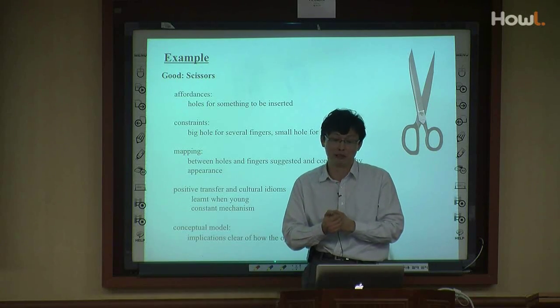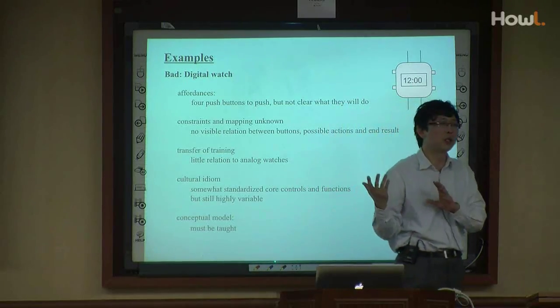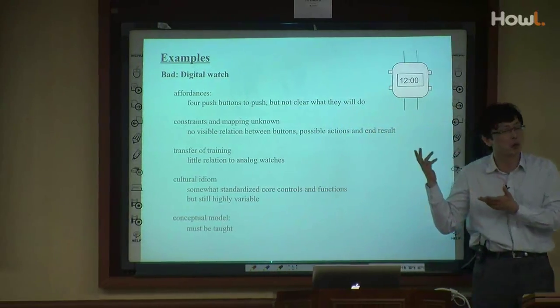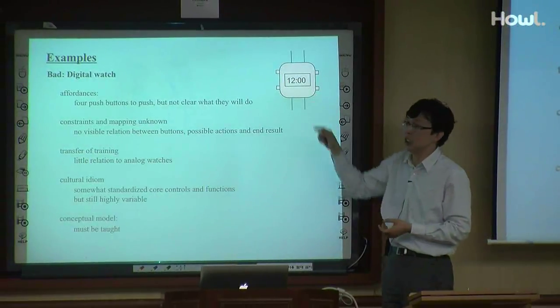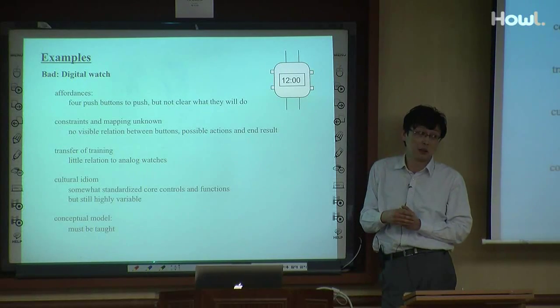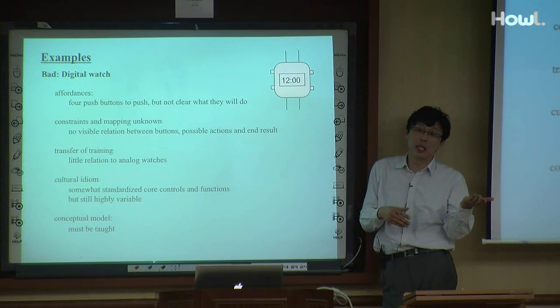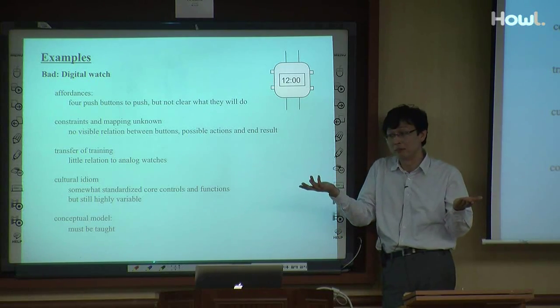That's what you have to do when you go out. Okay. Bad example, affordance problem. We can't make a conceptual model of this electronic watch. We have 4 buttons in here, but different products have a different operation for the buttons. So knowledge from one system cannot apply to the next system.